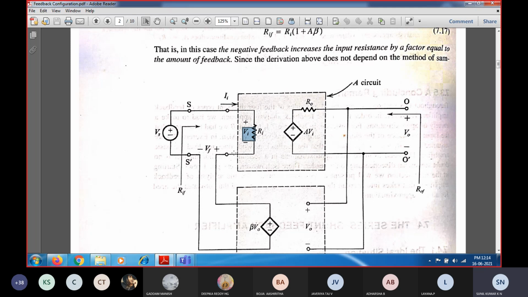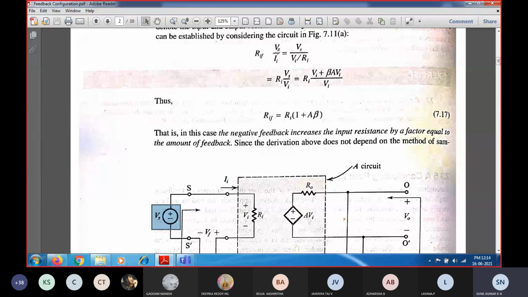We know that source voltage Vs minus Vf is equal to Vi, so we are going to substitute the same. Whereas we need the voltage Vs, because here we have Vs by Ii. Ii is nothing but the current flowing over here. So what is the value of Ii? Ii is equal to V by R.